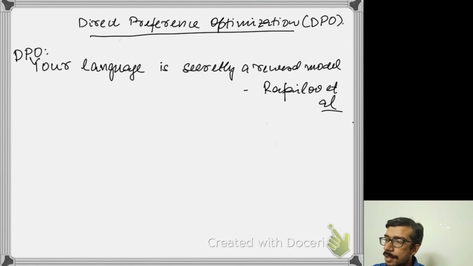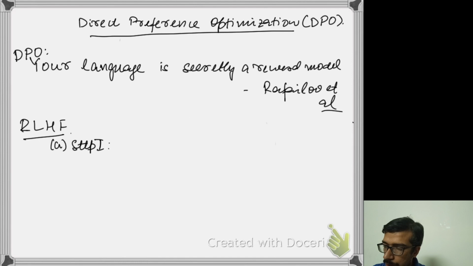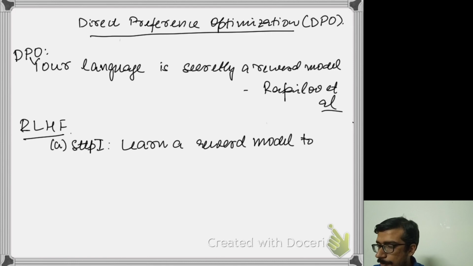So basically, in standard RLHF, when you're learning from preferences, you do it in two steps. The first step is to learn a reward model to mimic the distribution of preferences.